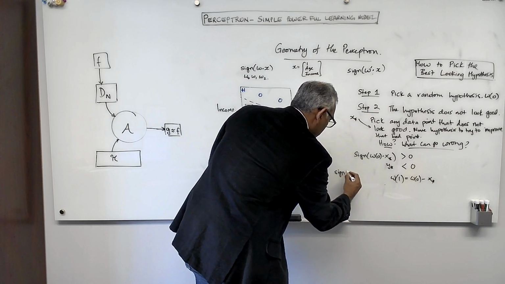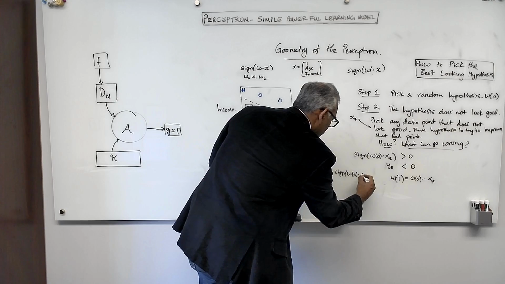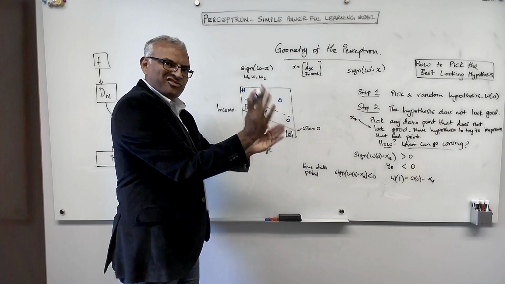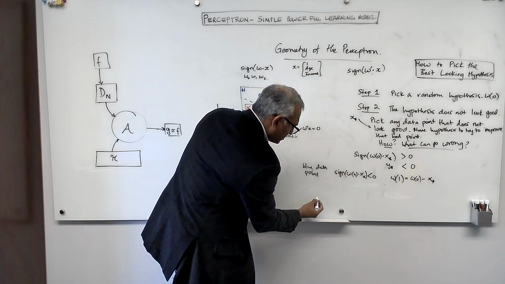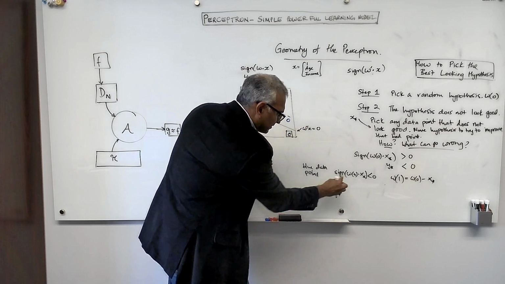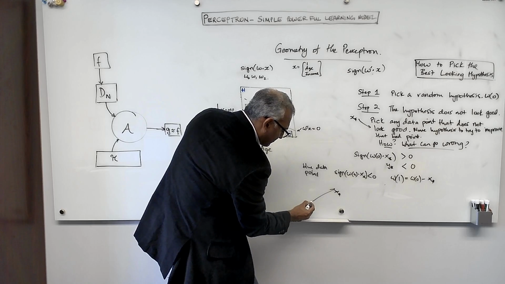Sign of W0 dotted into X star is less than 0. And we'd like to flip it. Okay, so let's look at the picture. So we have X star, and the dot product is negative.